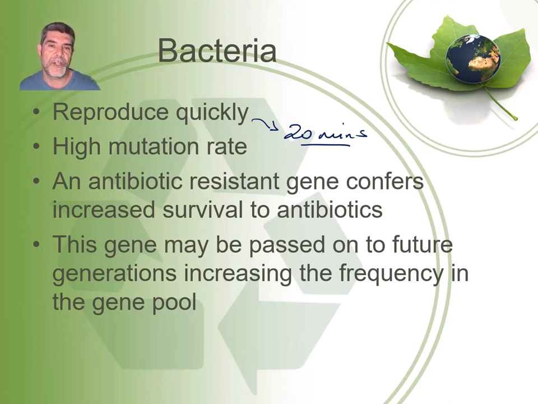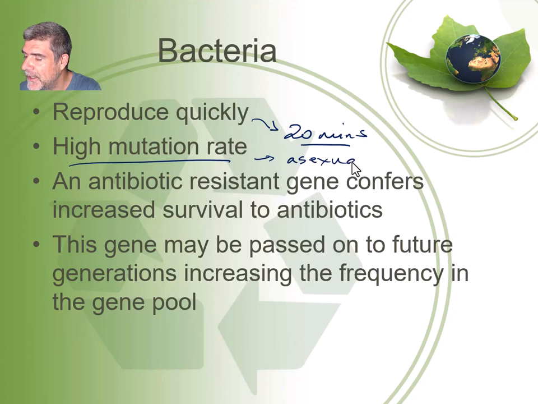This experiment has tracked not only the fact that bacteria reproduce very quickly, but also that they have very high mutation rates, and they are able to pass any of these mutations very effectively onto their offspring and subsequent generations because they reproduce asexually.